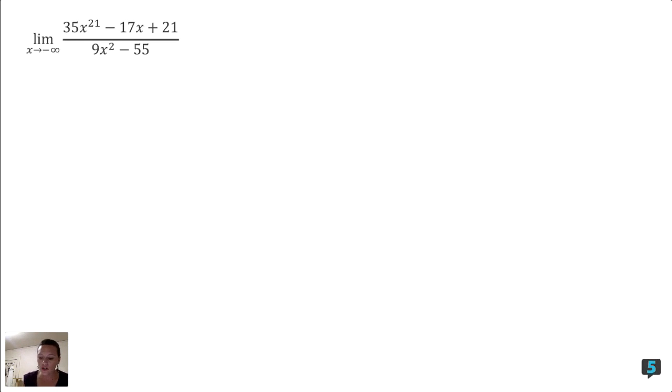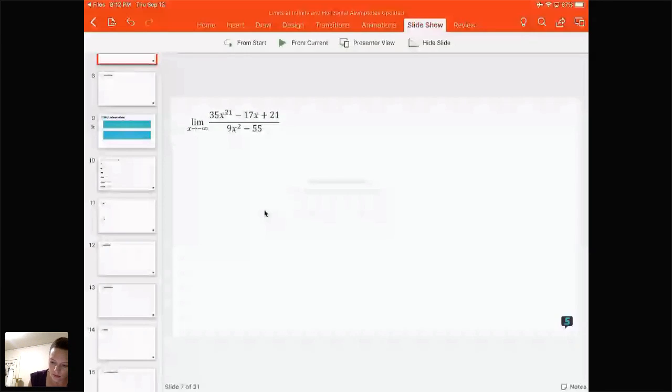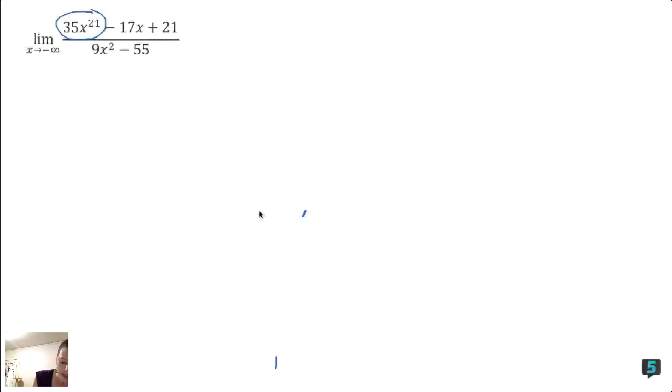We still want to look at the term that's going to grow the fastest. So in my numerator, I'm looking at 35x to the 21st, and in my denominator, I'm looking at 9x squared.